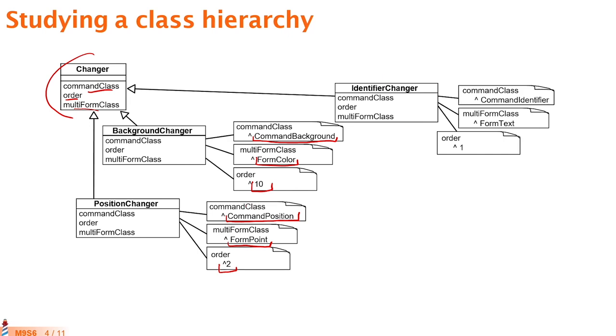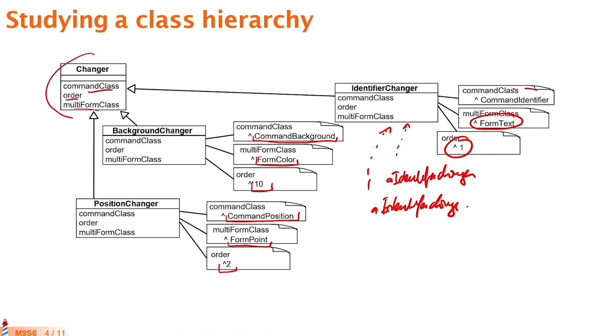What we see from this design is that, of course, I can have an instance here. Let's call it an IdentifierChanger. I can have another one, no problem. I can have multiple of them. But they all share this, they all share that, and they all share that.